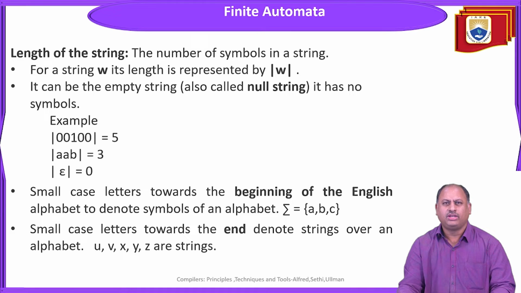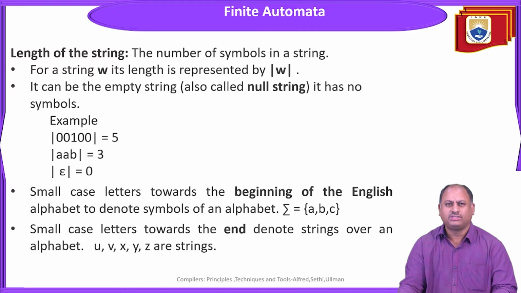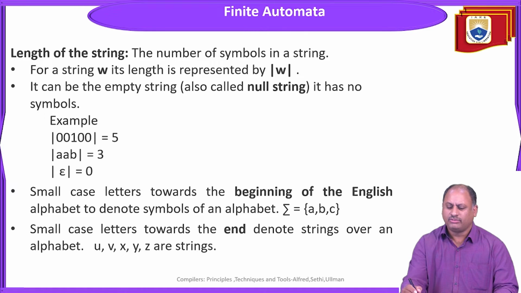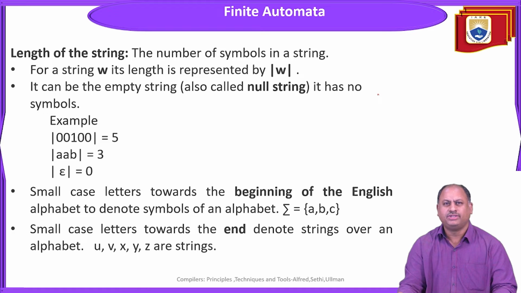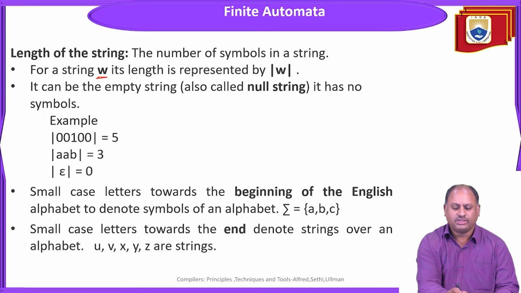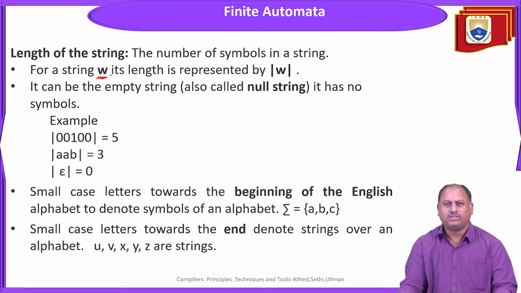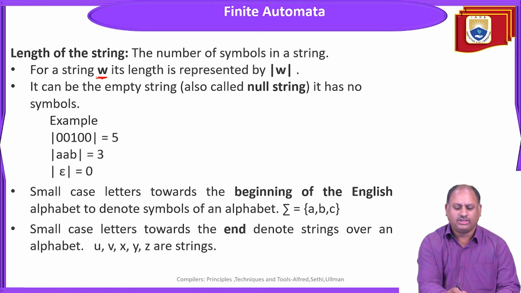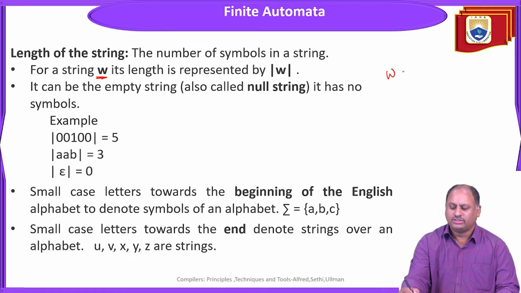For example, we want to calculate the length of a string. We know that a sequence of characters, a concatenation of symbols, is nothing but a string. Generally the string is denoted by W. In finite automata, W is the notation used to represent a string.